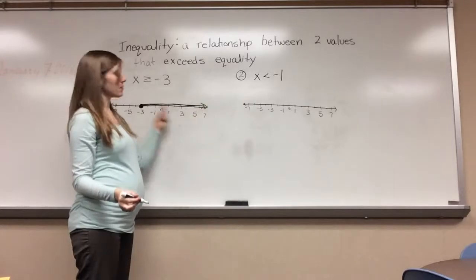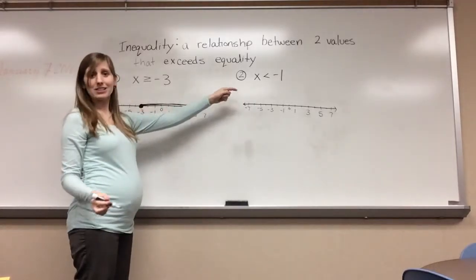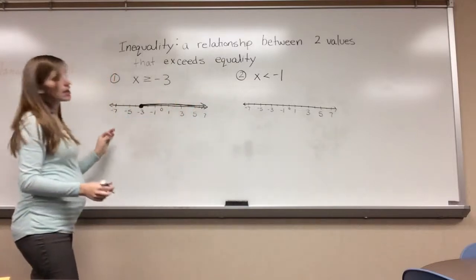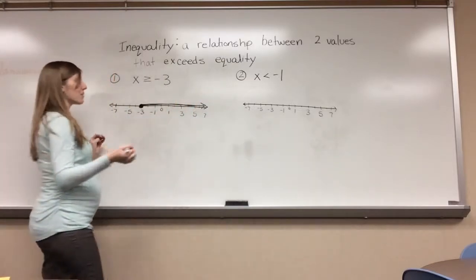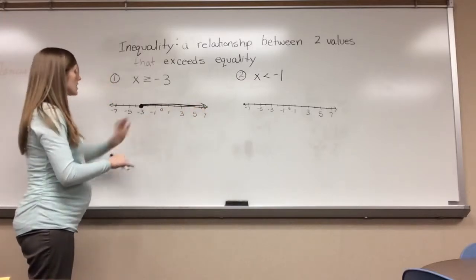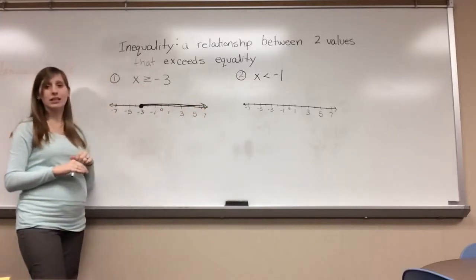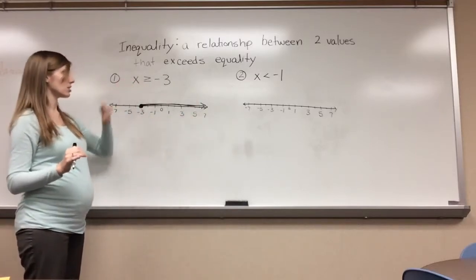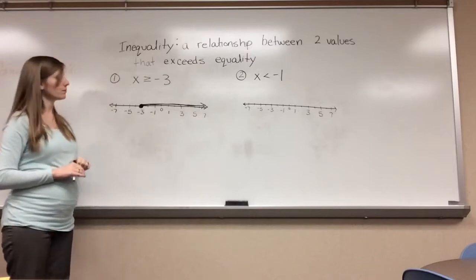My number line doesn't, but my line does keep going in this direction forever and ever. Those really big numbers, they still count. But because I can't draw a number line that big, I'm just going to put an arrow to show that this keeps on going. Okay? This would be the graph for this inequality. All right? -3 and anything bigger than -3 are all solutions for number 1.